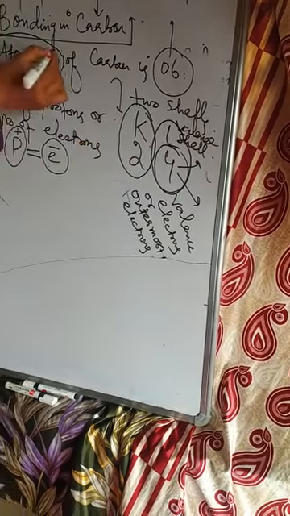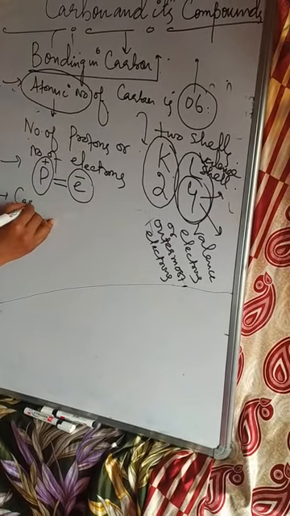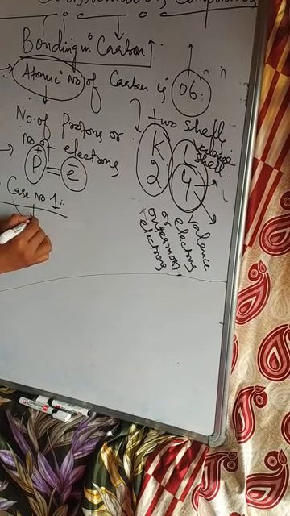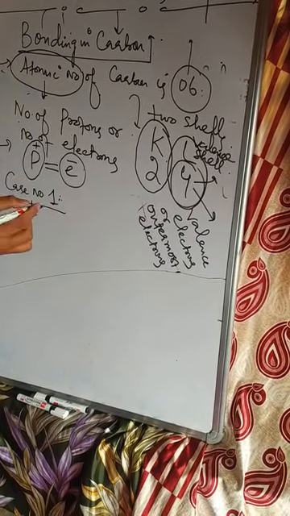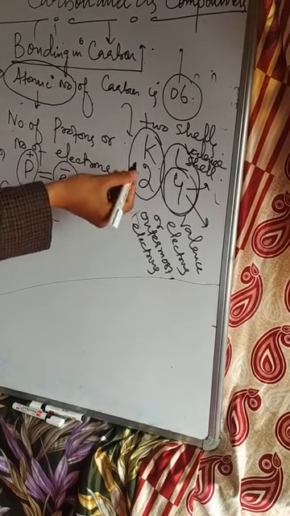Now as far as bonding in carbon is concerned, we have 2 cases. Case number 1. I told you in the previous lecture that every single thing in this universe wants to be stable or tends to be stable.